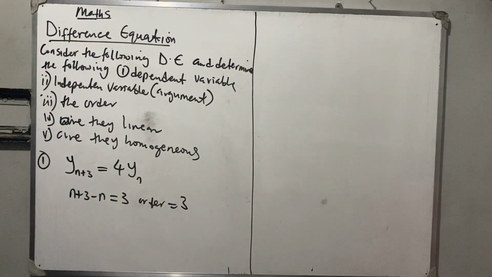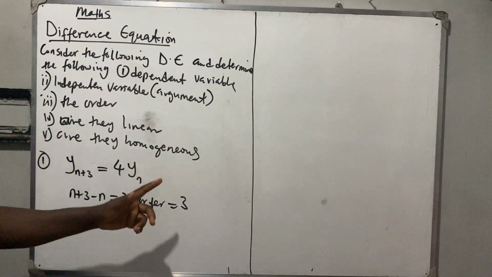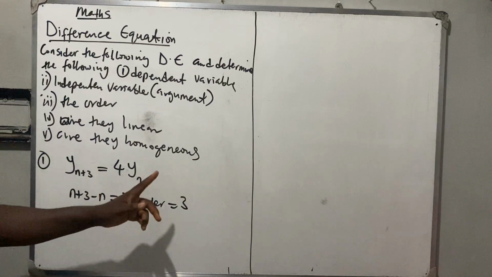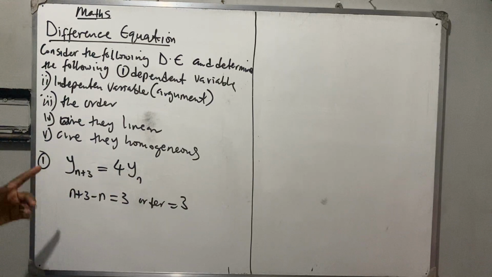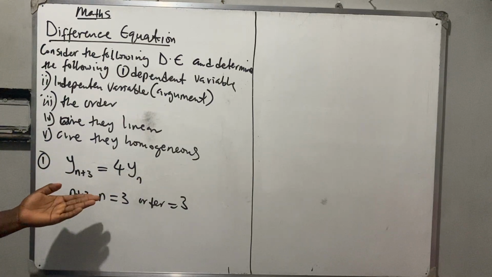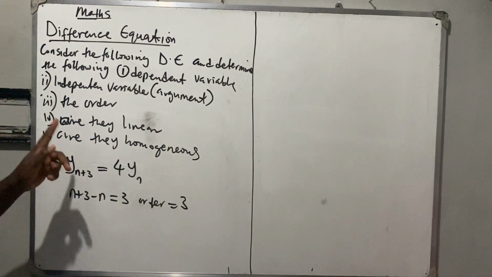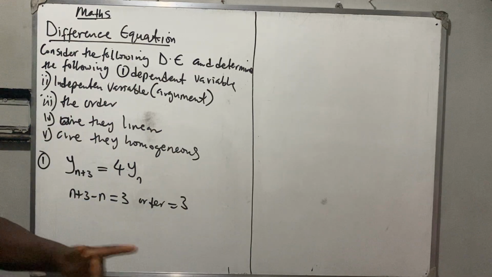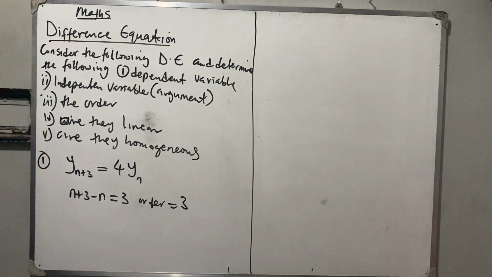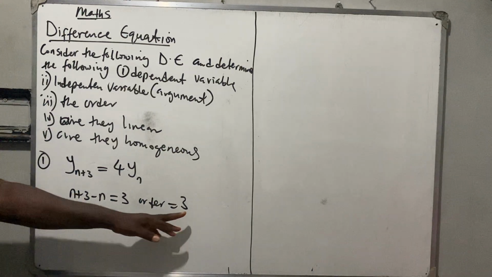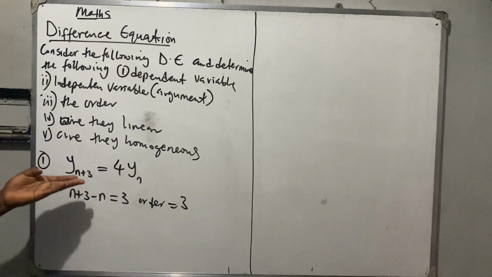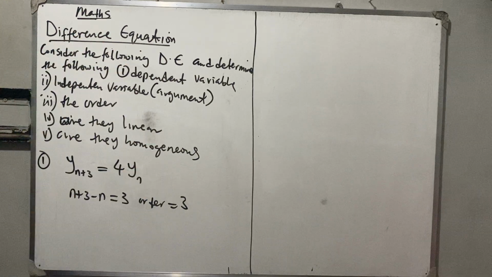Yes, of course, they are homogeneous because we saw y everywhere. So you now conclude that this equation is a third order homogeneous linear difference equation. I hope you got that. That is for number one.